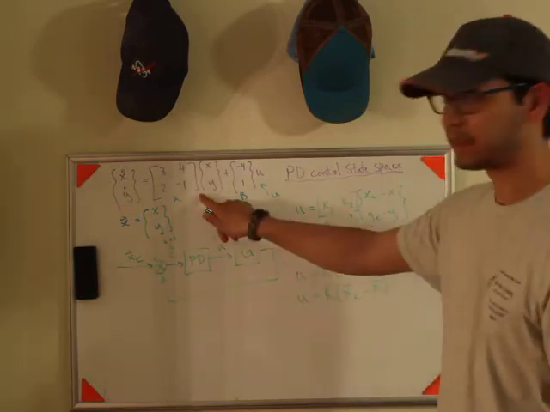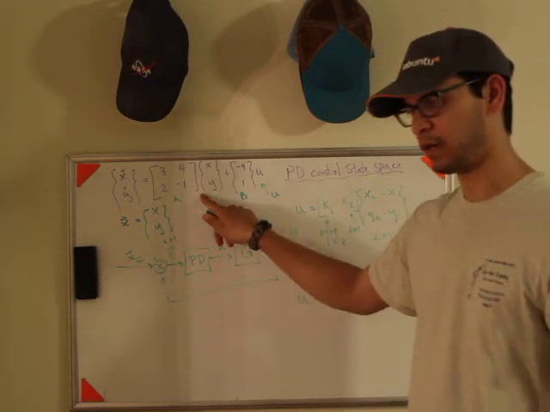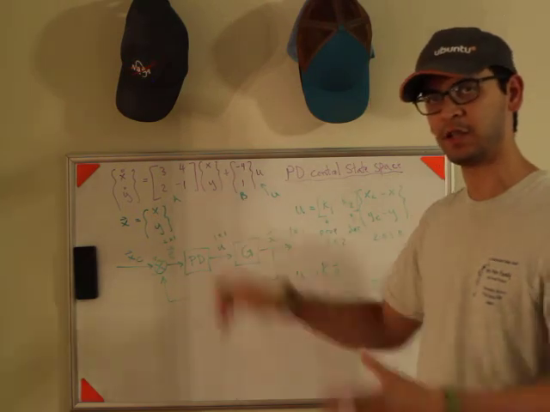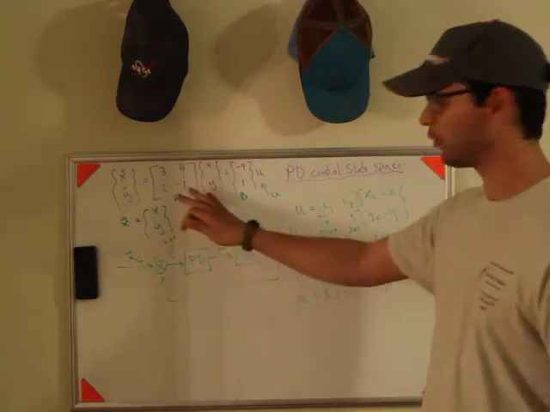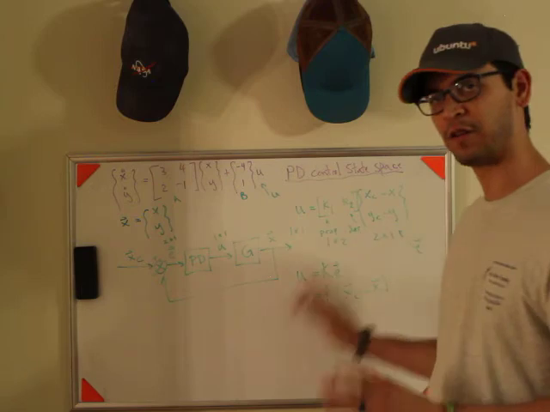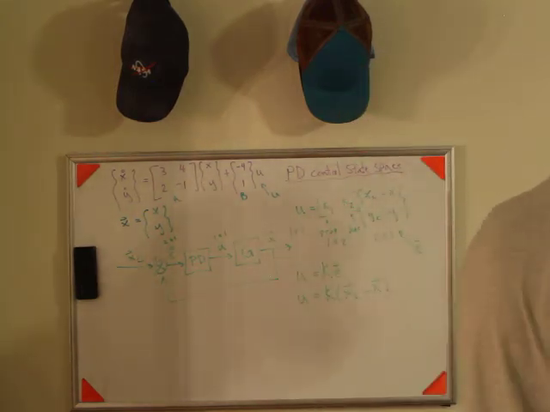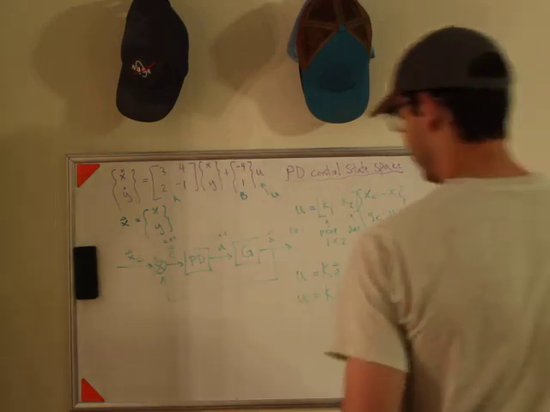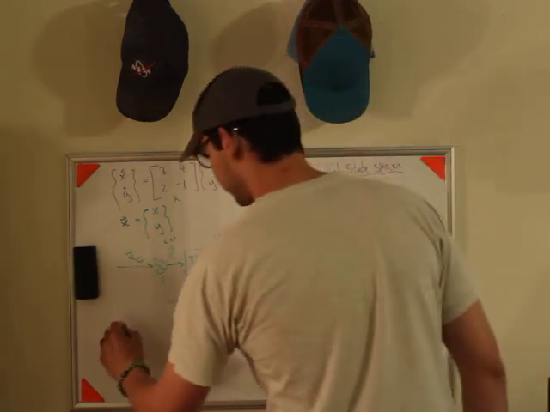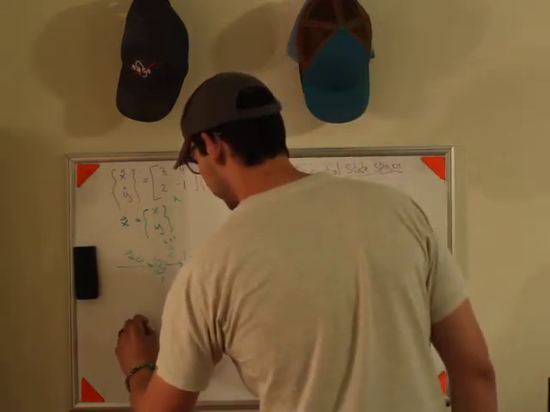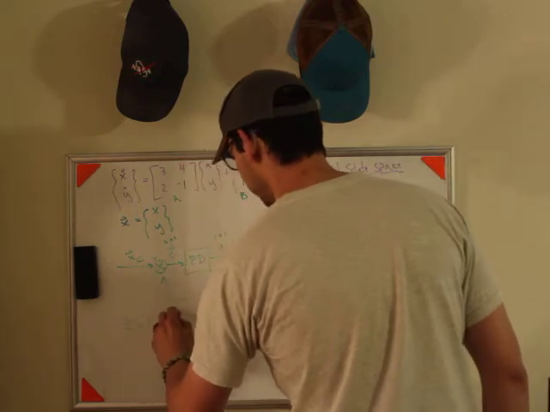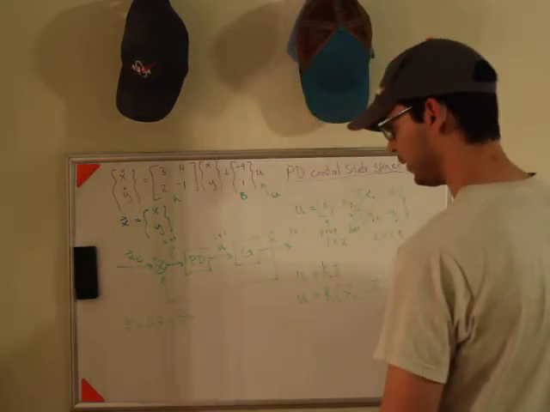What I'm going to do is substitute it in here, and this is where I'm telling you I'm going to create this derivation so it applies to anything. I'll do it for this example, but this derivation here is going to apply for everything. Let me get to a different marker here. Okay, so what I'm going to do is take my system in state space, x dot equals Ax plus Bu, and I'm going to substitute in this equation.